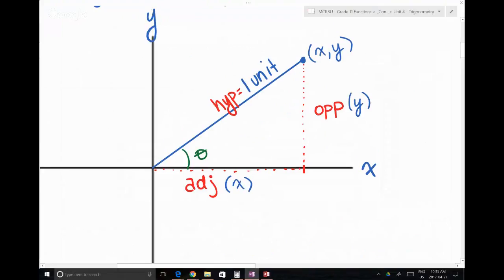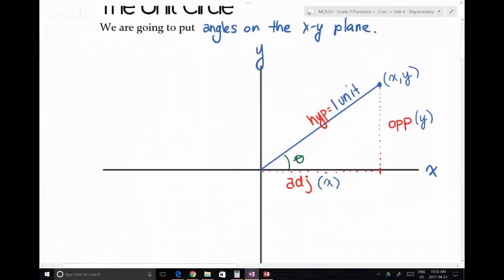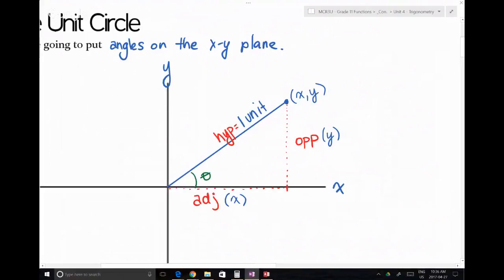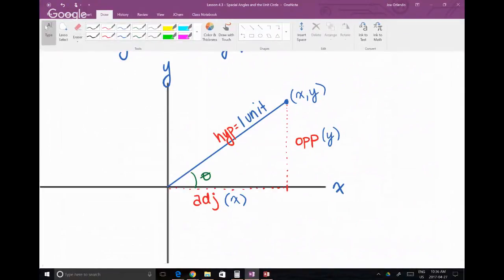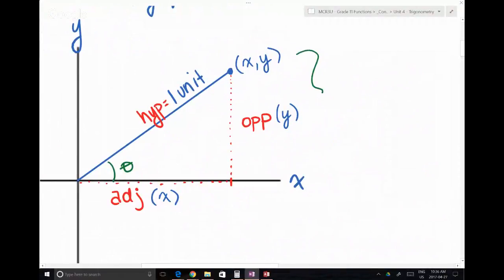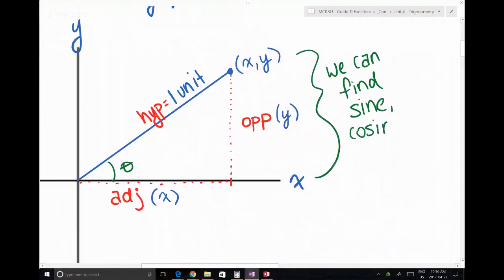So if we think of an angle in this way, if we take an angle and plot it on the Cartesian plane like this, we end up with a right angle triangle that we can do some trigonometry with. And because we have a hypotenuse, an opposite, and adjacent, and we're going to know the angle and one side, the hypotenuse, we can find sine, cosine, and tangent if we wanted to.